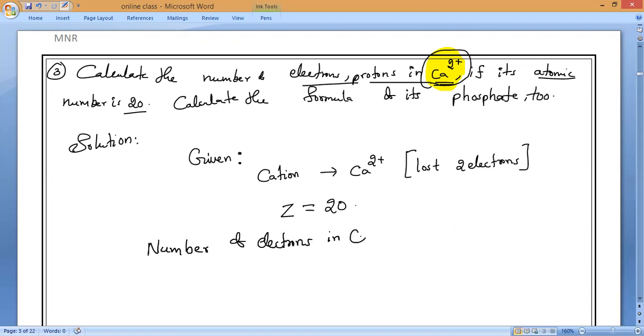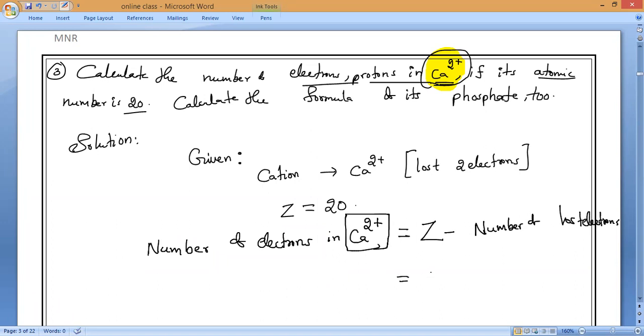Okay. Number of electrons in Ca2 plus. I am writing Ca2 plus to make it very clear. Am I finding electrons in an ion or atom? Verify it. Ion. So Z minus the number of lost electrons. Is it okay, Harish?